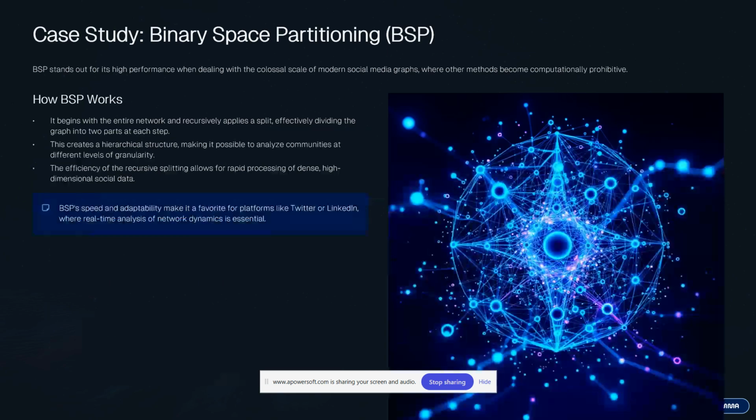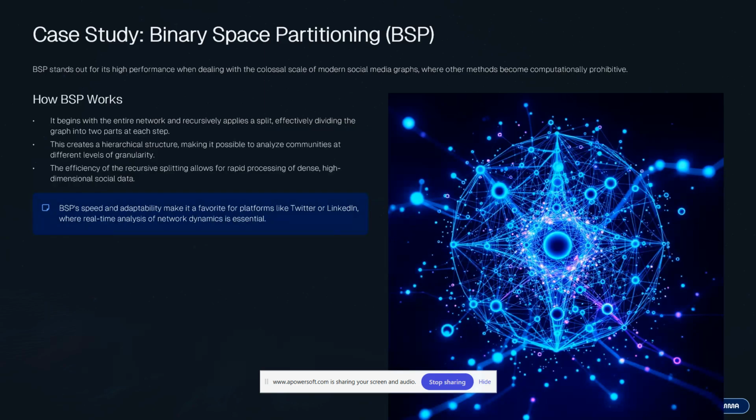Case study: binary space partitioning (BSP). BSP stands out for its high performance when dealing with the colossal scale of modern social media graphs, where other methods become computationally prohibitive. How does BSP work? It begins with the entire network and recursively applies a split, effectively dividing the graph into two parts at each step.